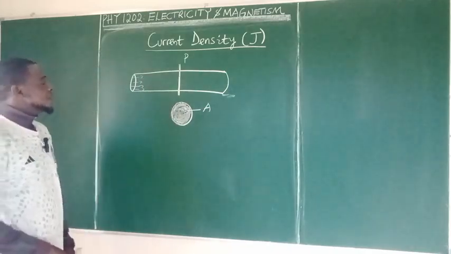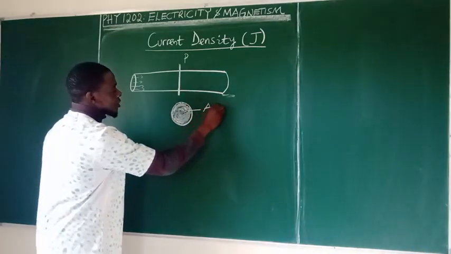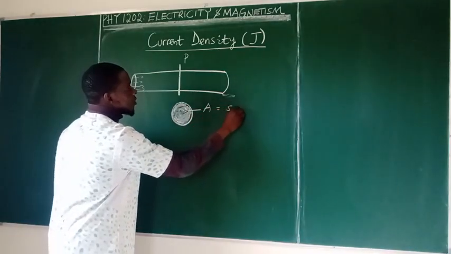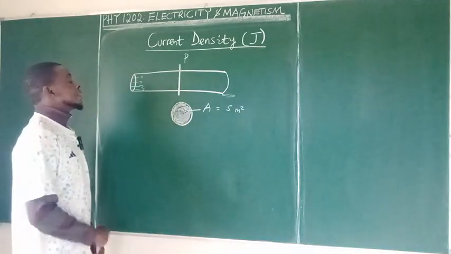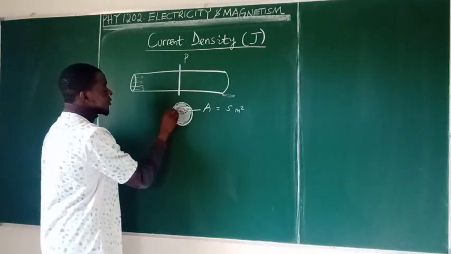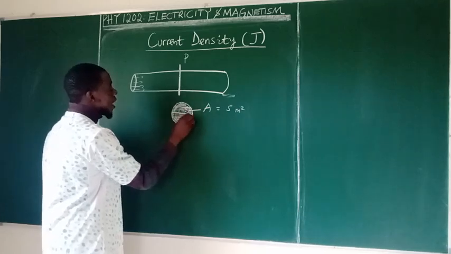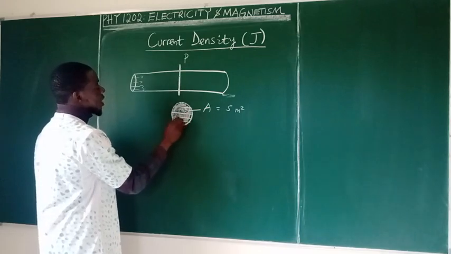Now, let's say the cross-sectional area is 5 meters squared, for example. Then I now divide this cross section into 5 equal parts. 1, 2, 3, 4, 5.